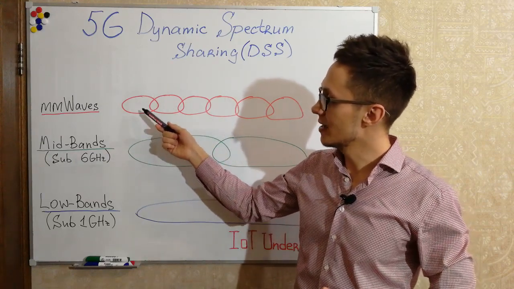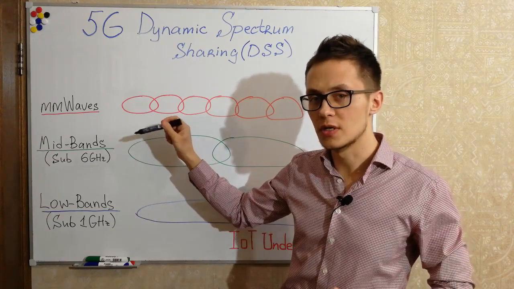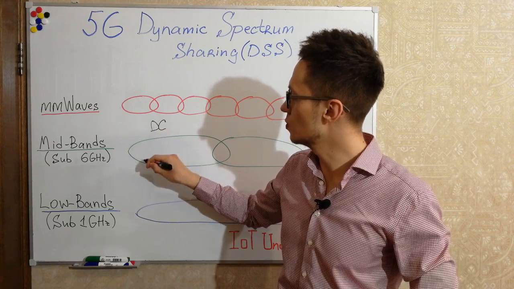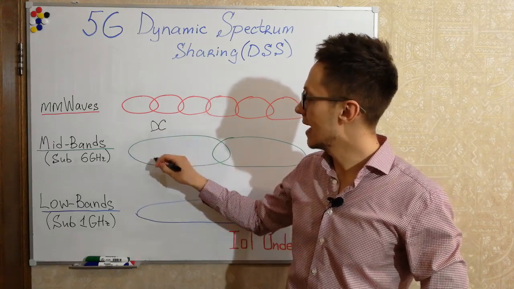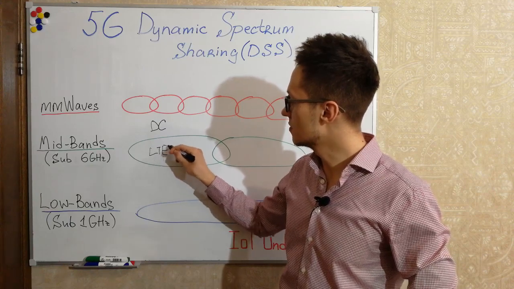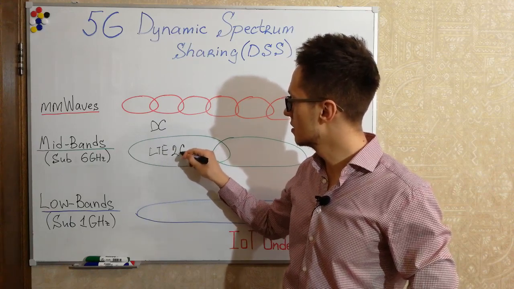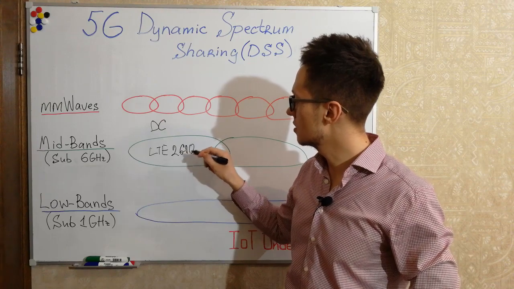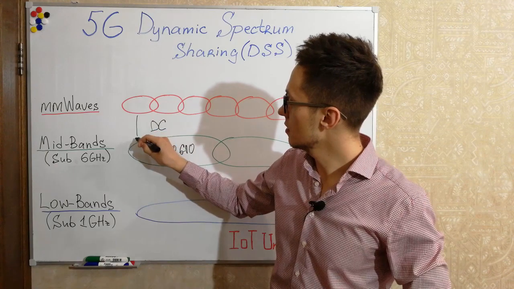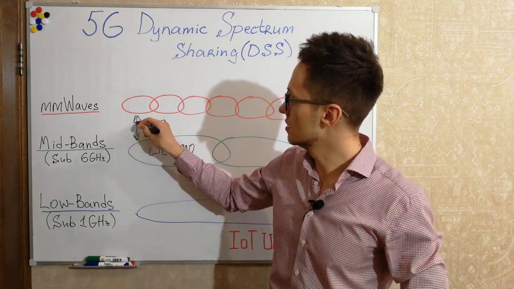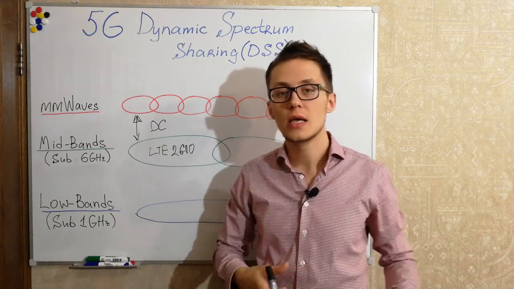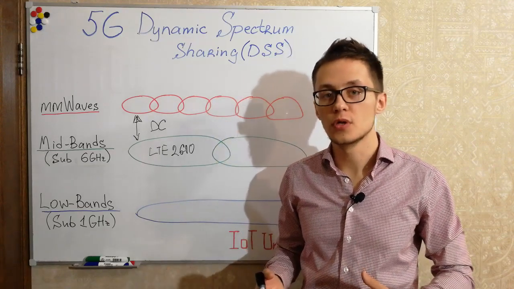Then we can use multi-radio dual connectivity with current LTE. Let's suppose this is an LTE midband, let's say 2600 megahertz, and use dual connectivity in order to have a more reliable connection and gain throughput.